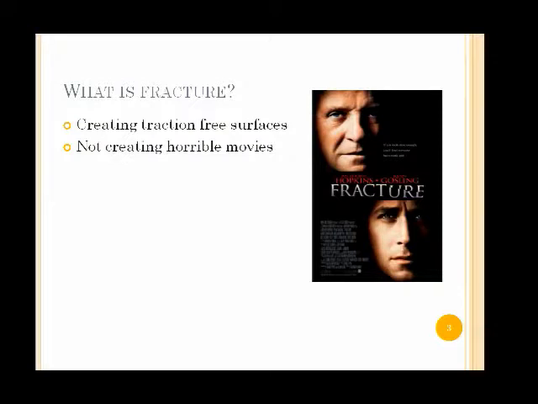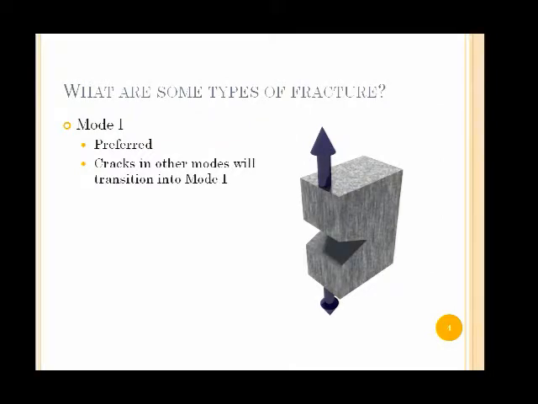So we want to be able to describe the traction-free creation and be able to do it accurately so we can predict the pavement performance. And there's essentially 3 types of fracture. There's mode 1, and this is preferred. By preferred, I mean it's the easiest mode to induce, and it's the mode of least resistance.